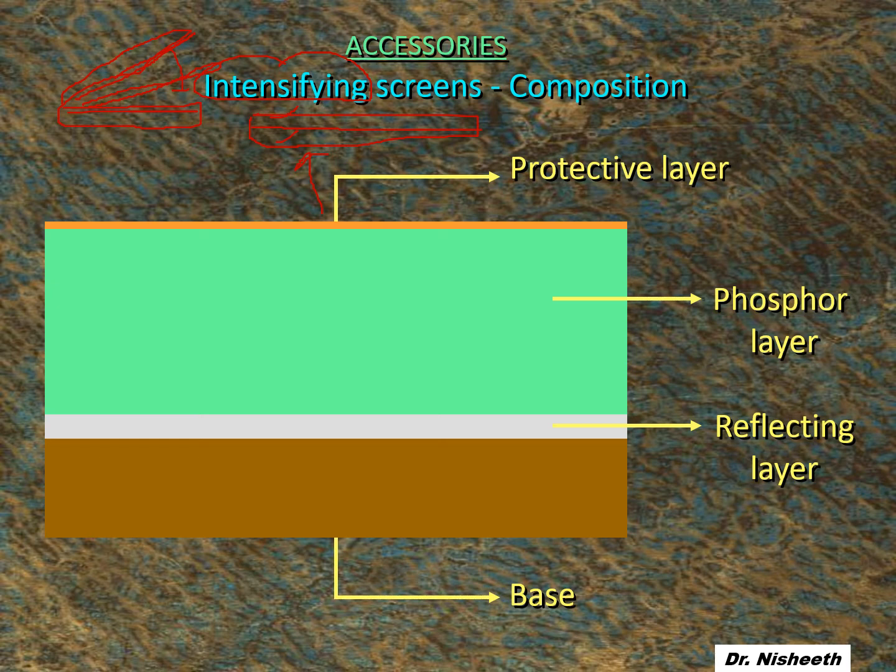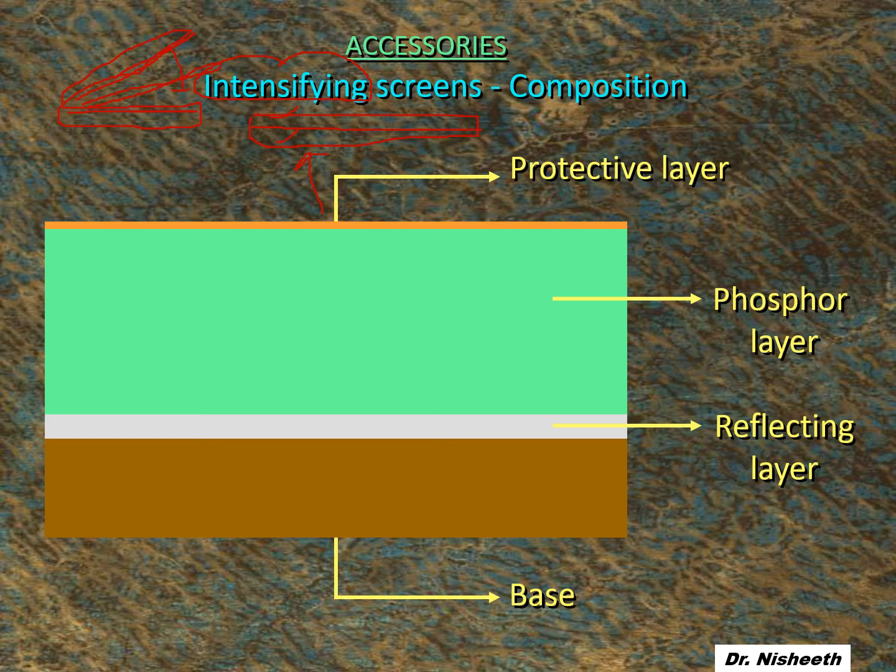So what does the intensifying screen do? It has two purposes. First, it converts the X-ray photon to light photons, and it increases the number of light photons. So when one X-ray photon reaches the intensifying screen, 400 to 4000 light photons are generated. So effectively we are reducing the exposure required by 400 times, and the film kept is sensitive to light. The intensifying screen is kept outside the patient's skull.